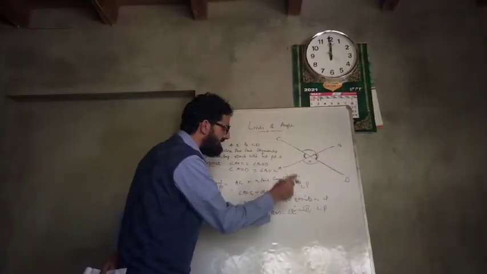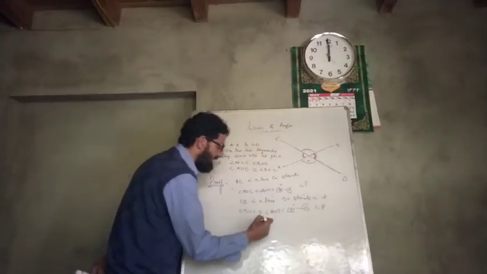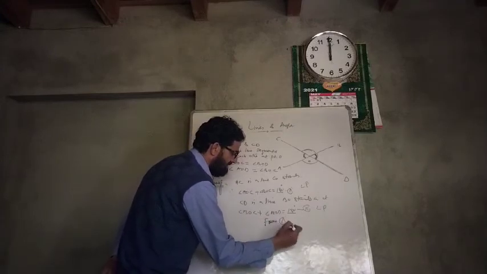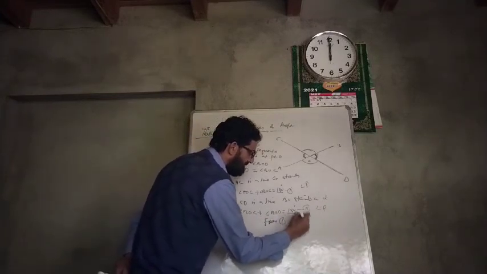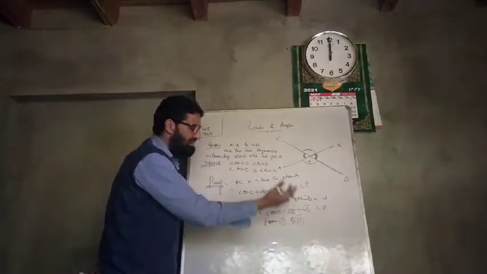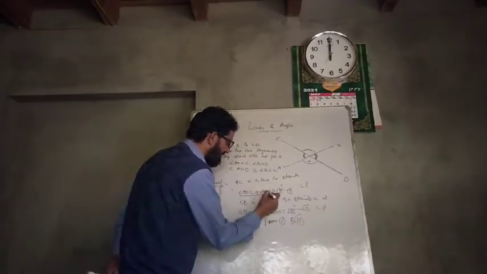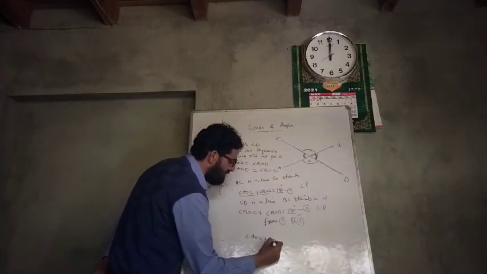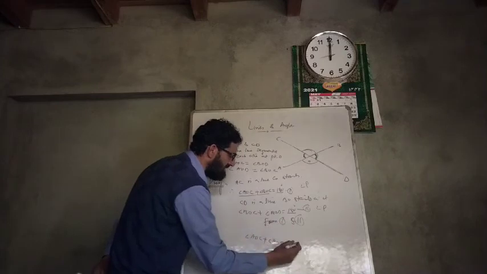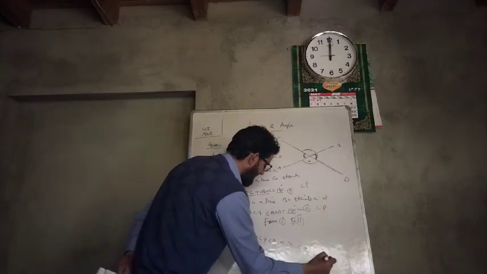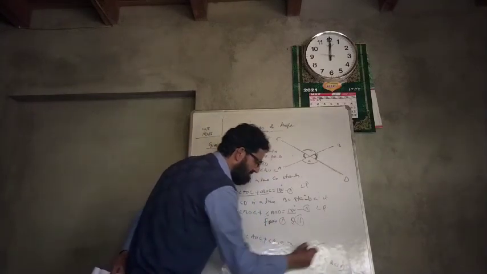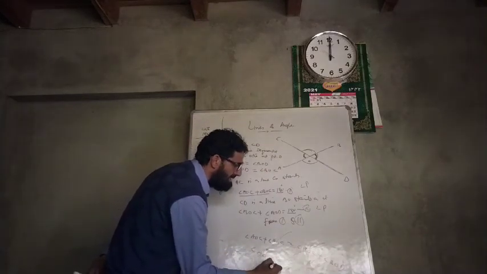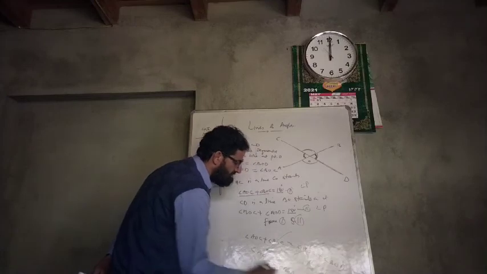So from first and second, the left hand sides are equal: angle AOC plus angle BOC is equal to angle BOC plus angle BOD. Now see, BOC and BOC will get cancelled. Angle AOC is equal to angle BOD. This was to be proved.